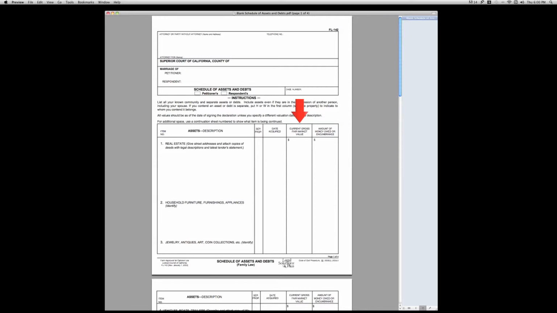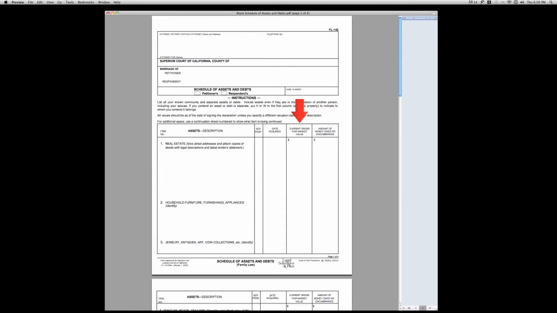Moving to the next column to the right, current gross fair market value. Now, on real estate, you're going to assign a value a little bit differently than some of these other items. Real estate is the kind of property that usually you figure out what it's worth by referring to, ideally, an appraisal. Most of us won't have one lying around.